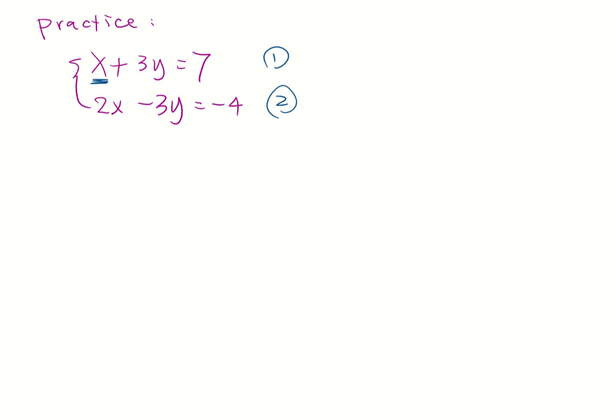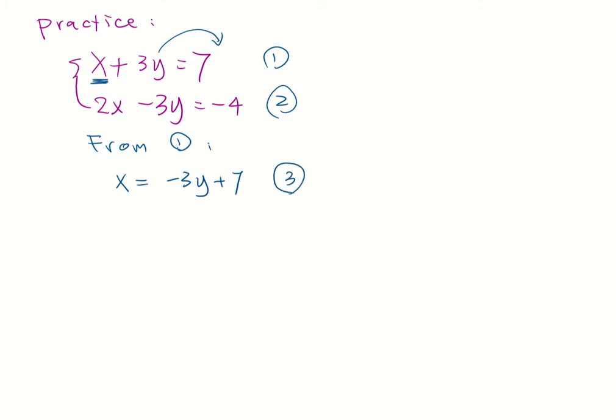Right? So we will work on equation 1 to leave that x by itself. So from equation 1, we can get x equals, I'm going to move the 3y to the other side, so -3y plus 7.